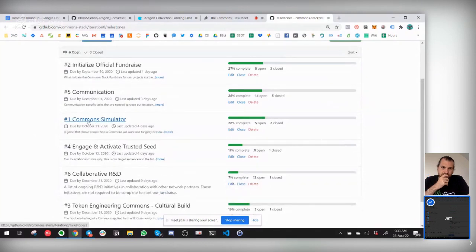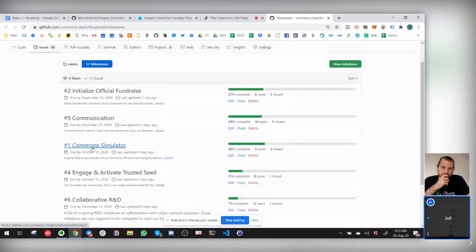One of the exciting projects going on at the moment is the Commons Simulator. Griff has been leading that up and has some amazing talent from a bunch of designers on the team. It's a way that we can gamify and bring CAD models closer to the end user, rather than having to dig through Python notebooks and code and data science stuff.